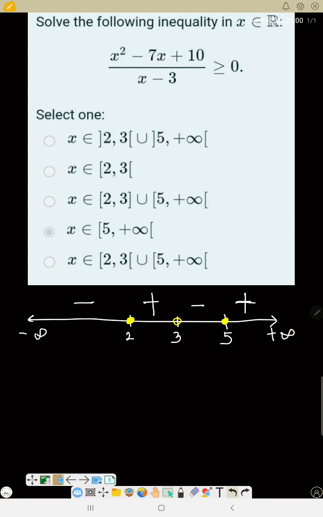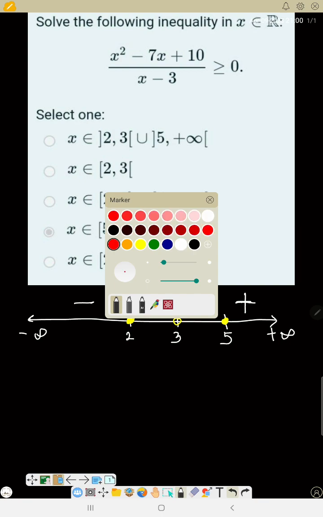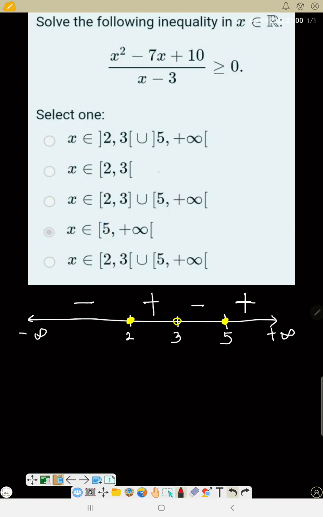Before I do this, I'm just explaining the interval. Let me get the answer first. Now look at your question. The question is greater than or equal to. That means if it is greater than or equal to, all the results we want are where we get plus. But if it is less than or equal to, all the results we want are where we get minus. But it is greater than or equal to, so all the results we want are plus.